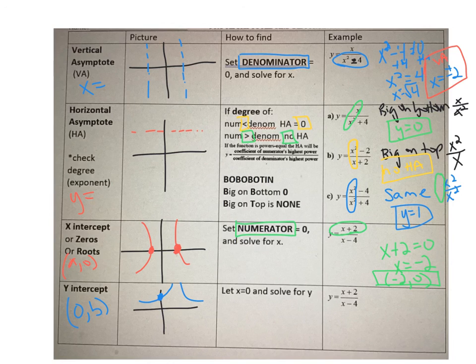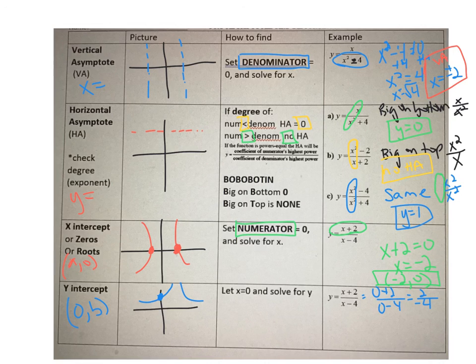So let's do that. If we have the rational expression y equals x plus 2 divided by x minus 4, we're going to simply plug in x equals 0. So this is going to be 0 plus 2 divided by 0 minus 4. 0 plus 2 is 2. 0 minus 4 is negative 4.